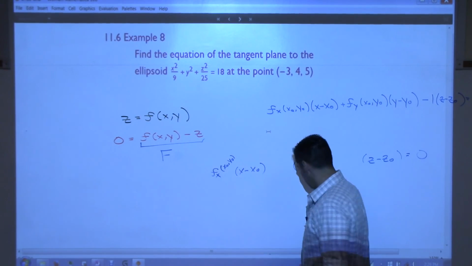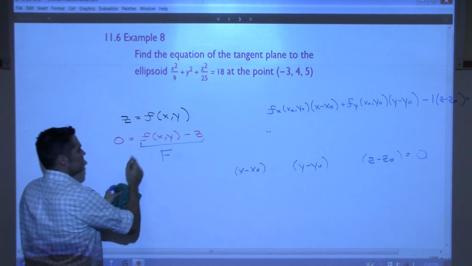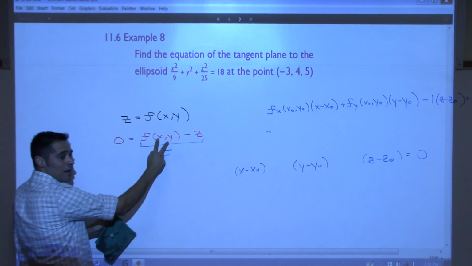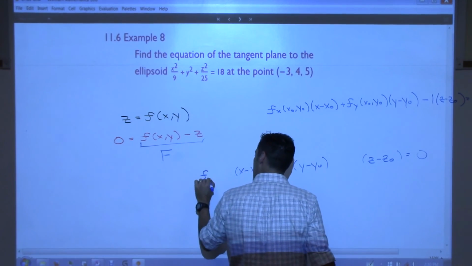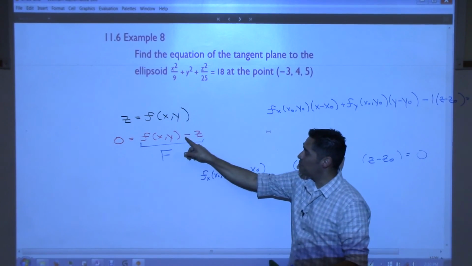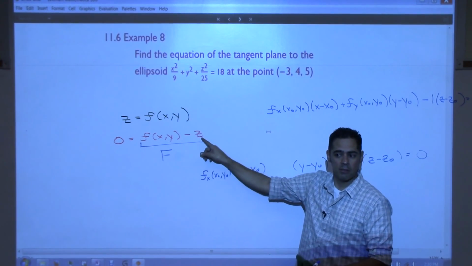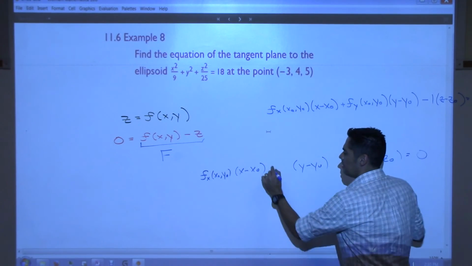Z naught I don't have to worry about. Why not? It just has x's and y's; there is no z in here. So this is just the partial of f with respect to x at x naught, y naught. And then minus the derivative of z with respect to x, which is 0. So that's it.